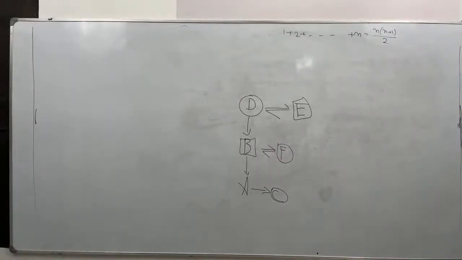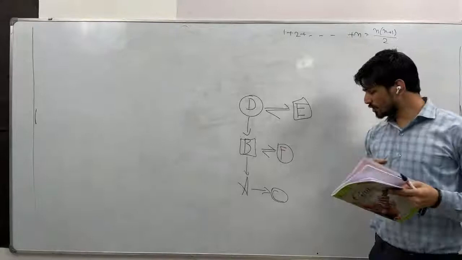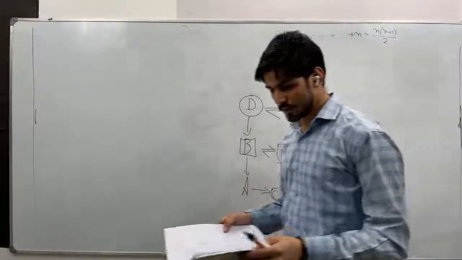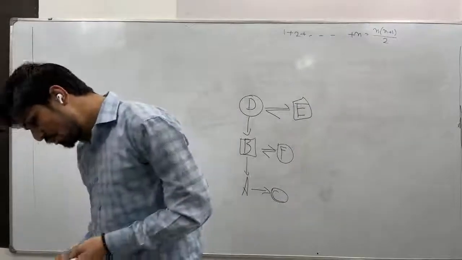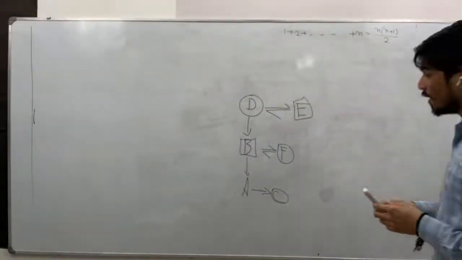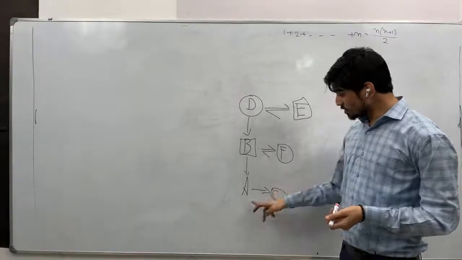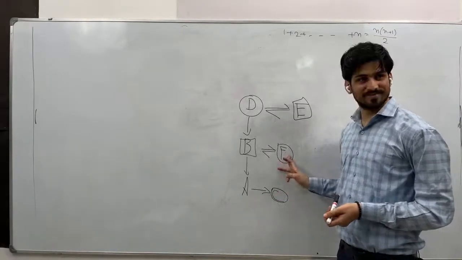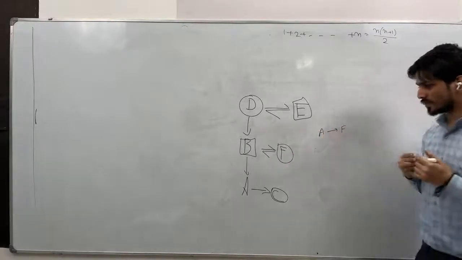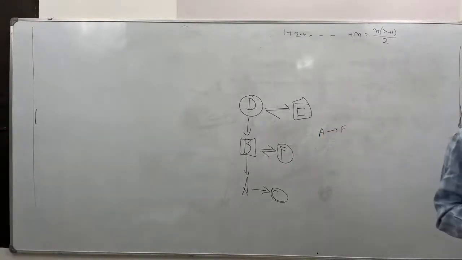But the question is, what is the gender of A? It's not given. Okay. Then how will you tell how A is related to F? A is a child, but either daughter or son, right?